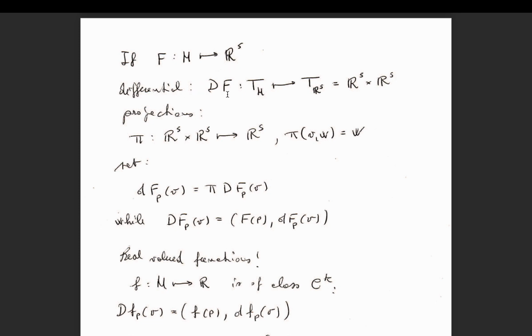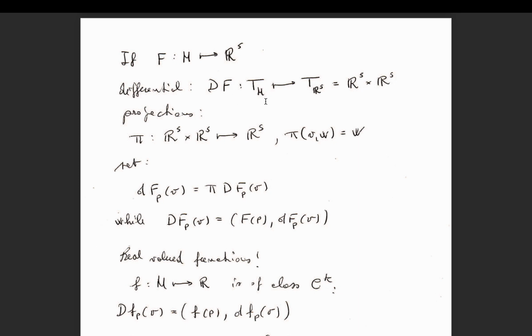The differential is another map which goes from TM, the tangent bundle of M, into the tangent bundle of R^m. But we know that the tangent bundle of R^m is actually R^m times R^m. So we can, in some sense, construct what a coordinate homomorphism can be for the tangent bundle.